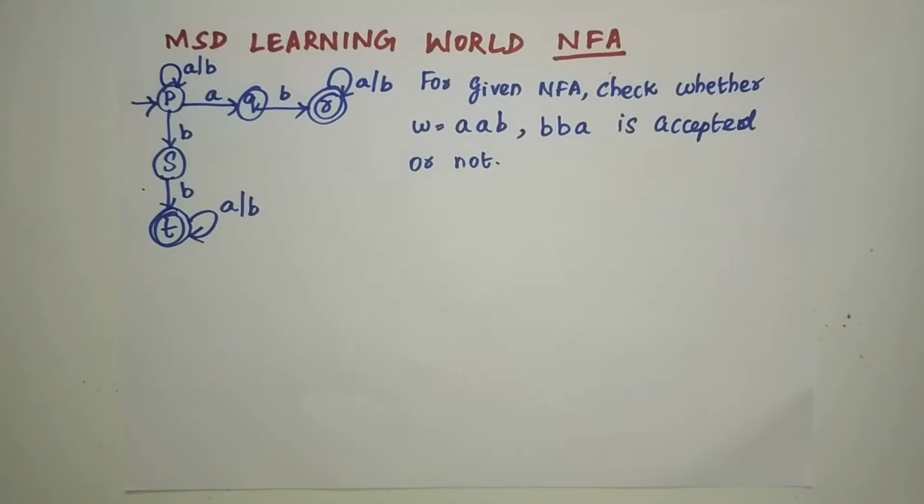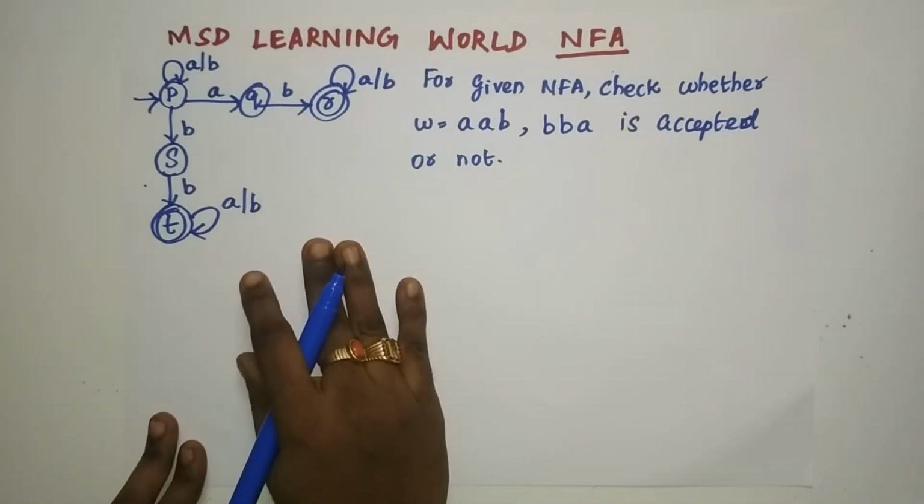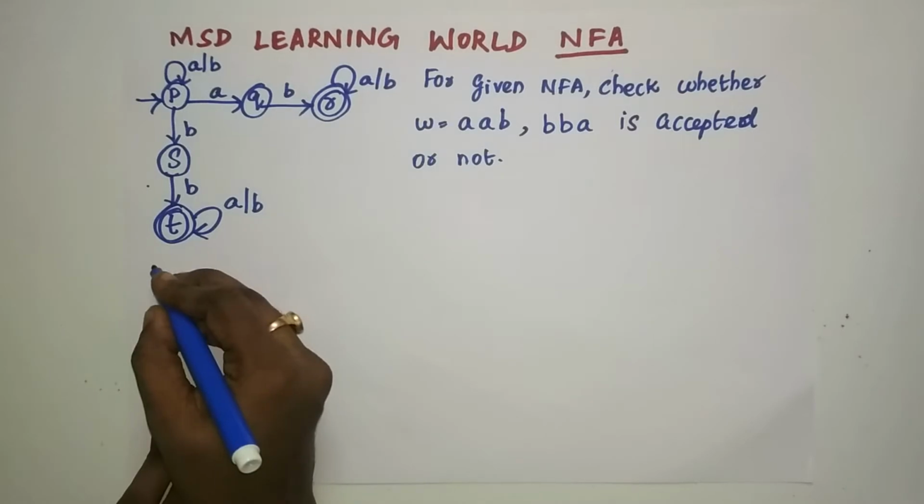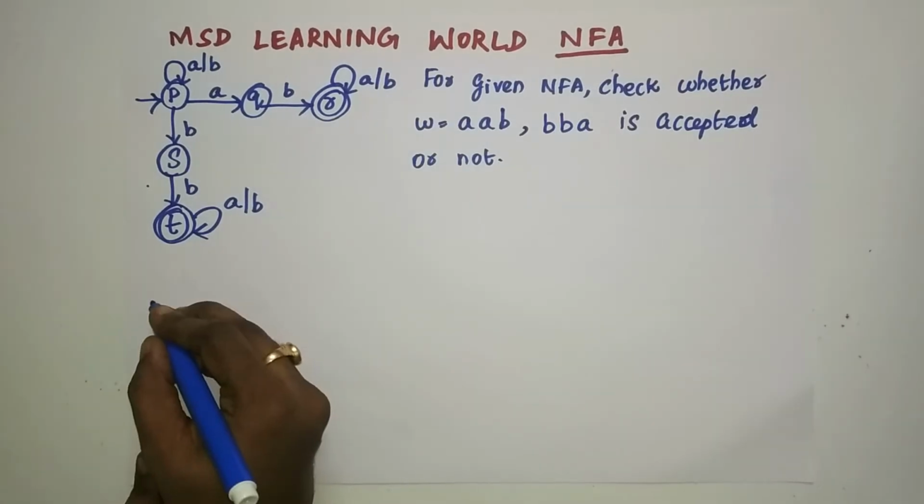Whenever a machine is given, we need to draw the transition table for it.